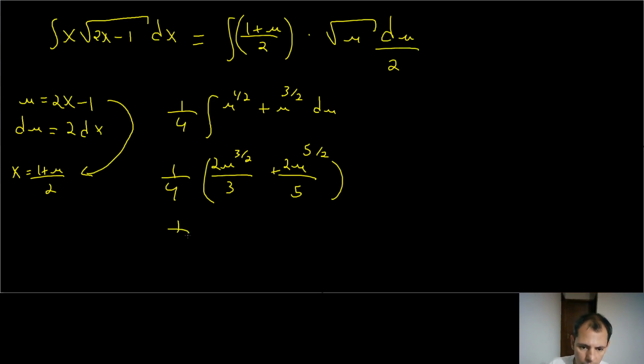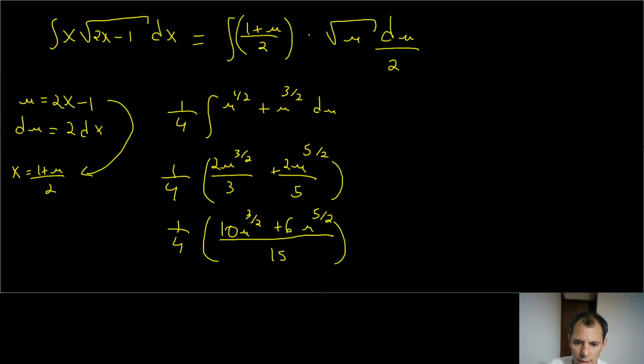So this is going to be 1/4 times, and then you put a 15 here. So it's going to be 15 divided by 3, 5 times 2, 10, u to the 3/2, plus 15 divided by 5, 3 times 2, 6, u to the 5/2. And then you have to multiply in here, which is going to be a 60. So you get this thing out of here, and you put a 60 here.